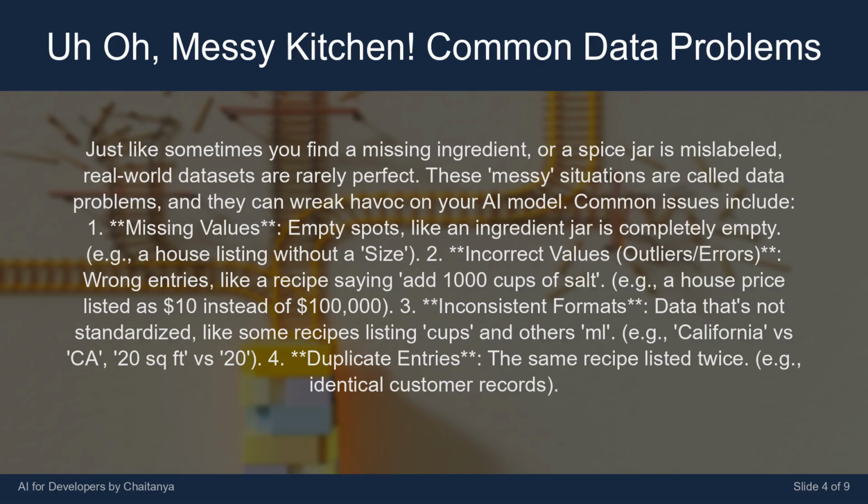Inconsistent formats. Data that's not standardized, like some recipes listing cups and others ml, e.g., California vs. Ca., 20 square feet vs. 20. 4. Duplicate entries. The same recipe listed twice, e.g., identical customer records.